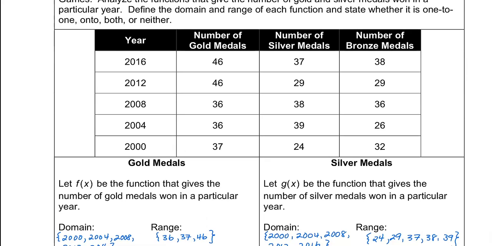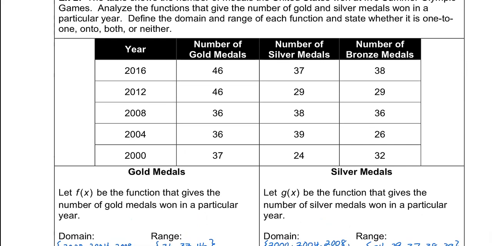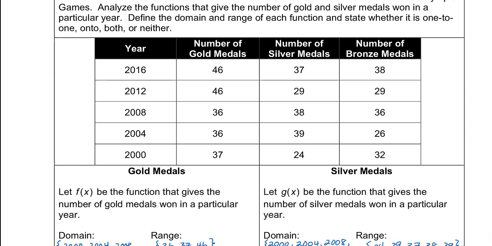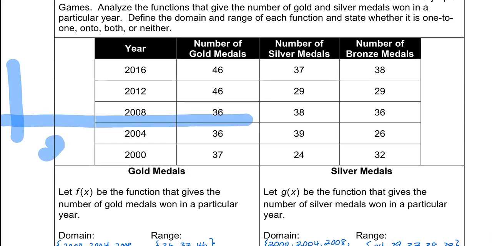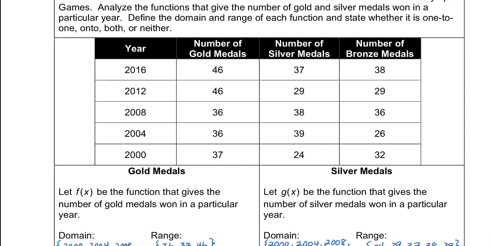And then example 2, when you look at the data, if I were to graph that, would this be a nice continuous curve? Let's just do this.